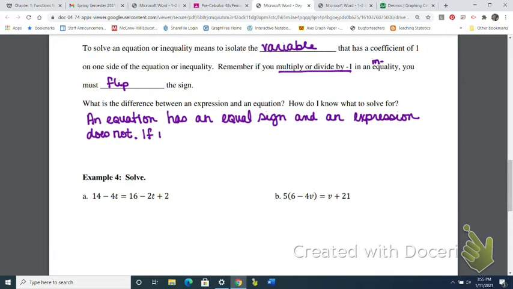If it has an equal sign in the problem, solve for the variable. If it does not, just simplify.